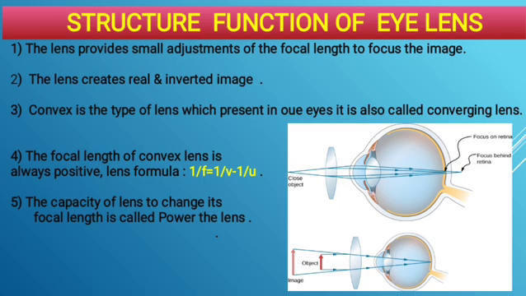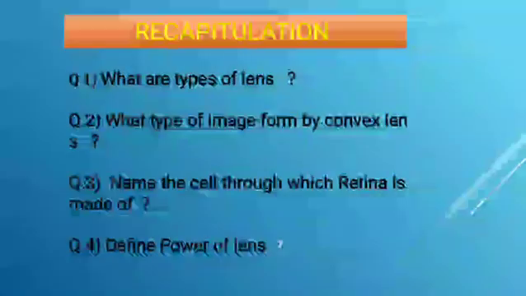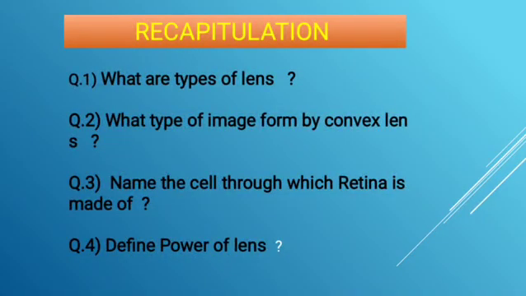What are the types of lenses? We have learned two types of lenses, convex and concave. What type of image is formed by a convex lens? In our eyes, as you viewed in the third slide, the incident rays converge with the help of a lens. So in our eyes a converging lens is present, and this converging lens forms a real and inverted image.